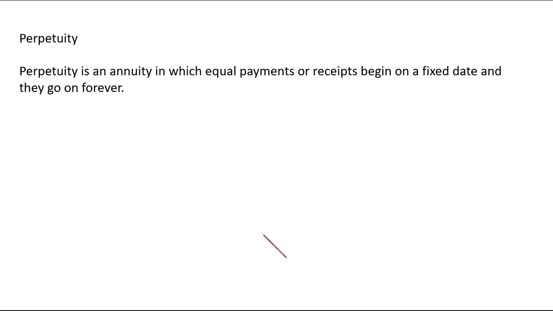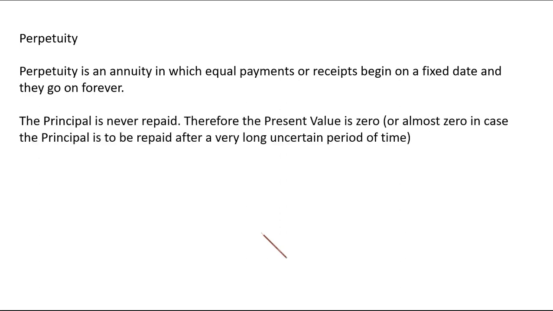Perpetuity is an annuity in which equal payments or receipts begin on a fixed date and then go on forever. Which means that whatever money you give, let's say to the government or to the bank or to any person, you're not going to get back the money anytime. So the present value is almost zero.